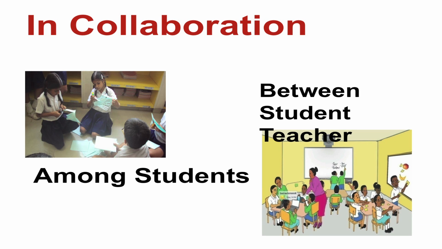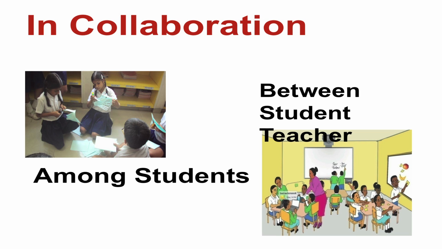Second point, how it helps in the teaching learning process is in collaboration. How? It helps among the students, it helps between student and teacher. You must have seen when you give an assignment to your learners, they go discuss among themselves by using a computer. They go to any website and they discuss it.